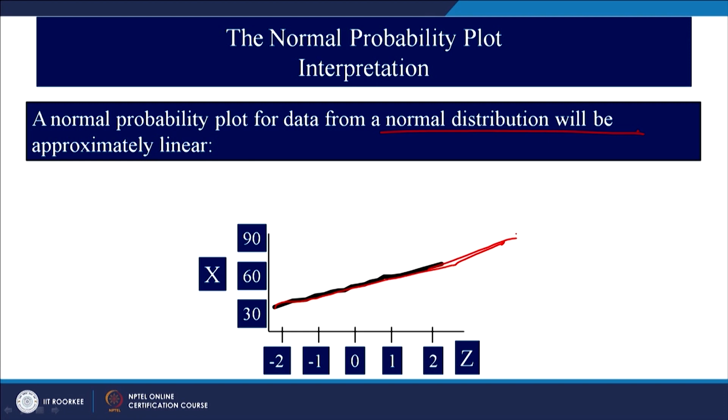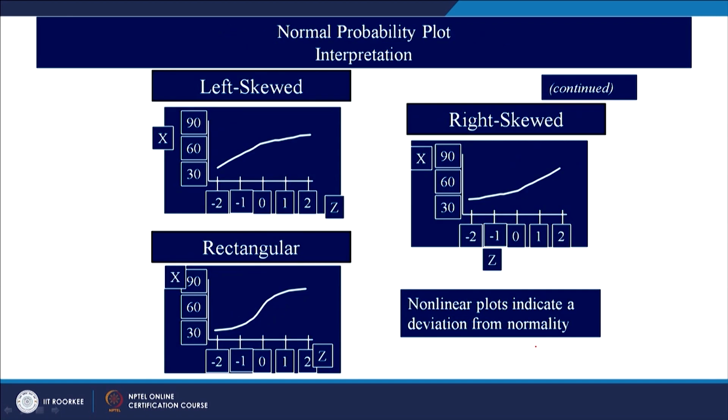So, for x equal to 30, z is minus 2, and for some other value of x, let us say 60 or 70, z is plus 2. So, you can draw x and z values on the vertical and horizontal axes.